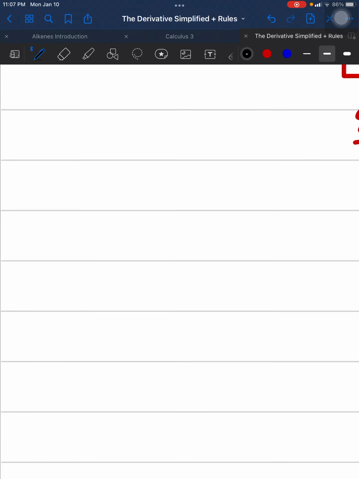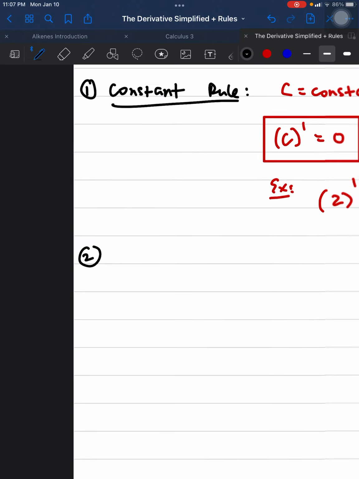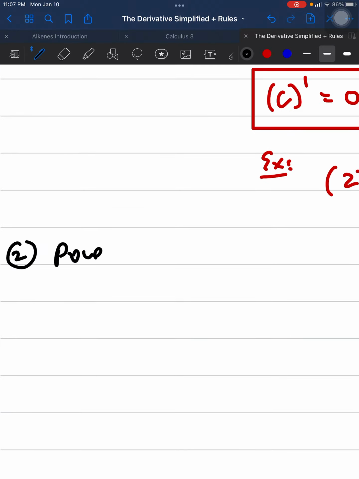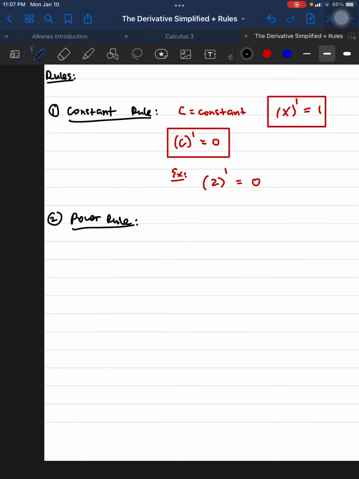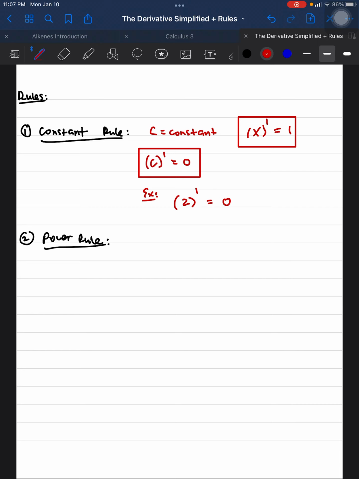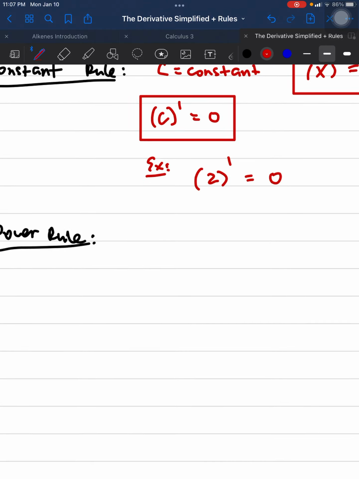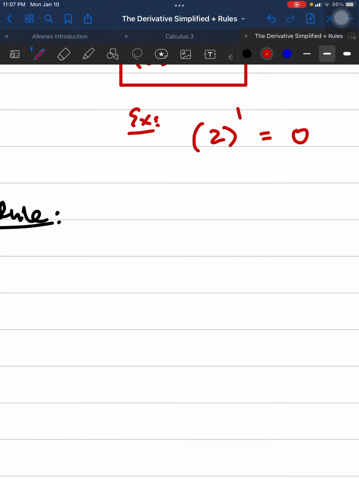Now the second rule is going to be the power rule for derivatives. When I'm writing these rules, I'm going to write them in a very generalized way, but then I'll follow with a small example.